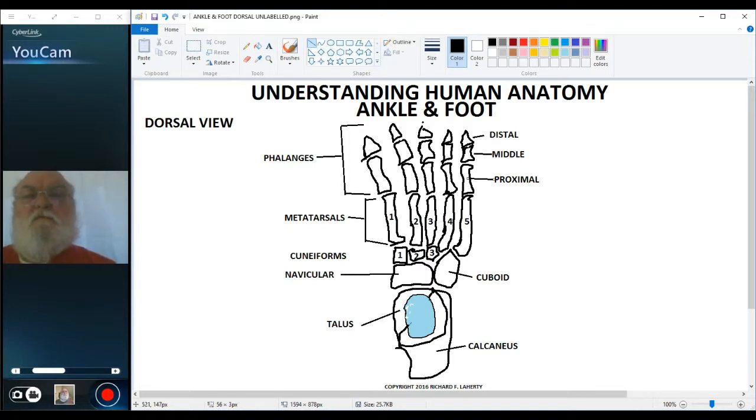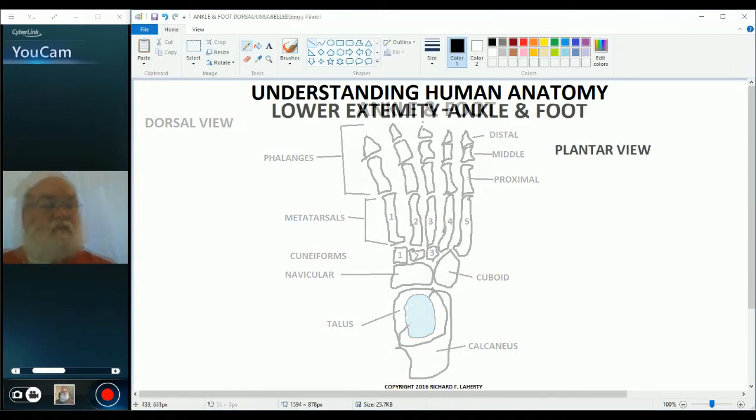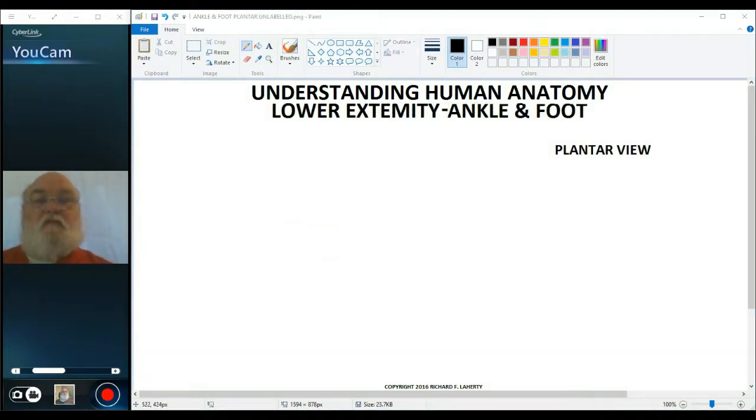Now, what we want to do is also take a look at these bones looking from the plantar surface, or the sole of the foot surface. So we'll go to another slide here. Now, I'll begin this diagram of the plantar view in much the same way.